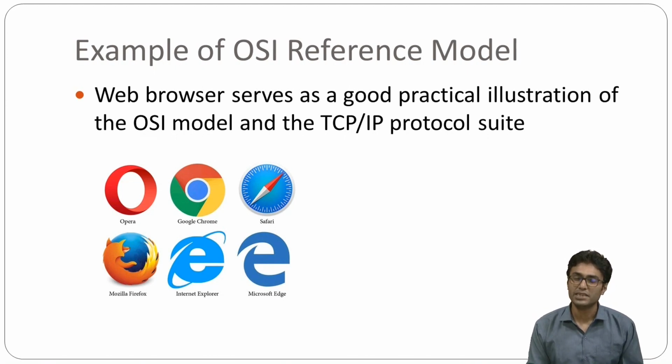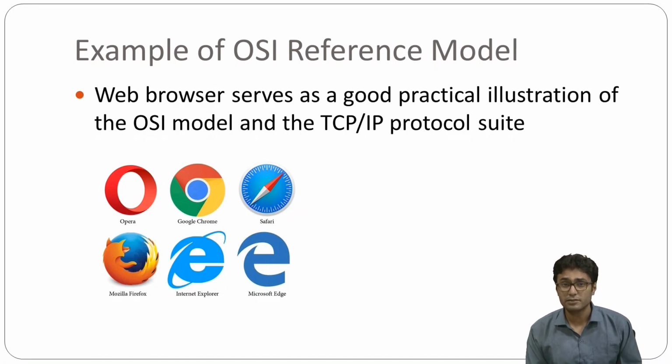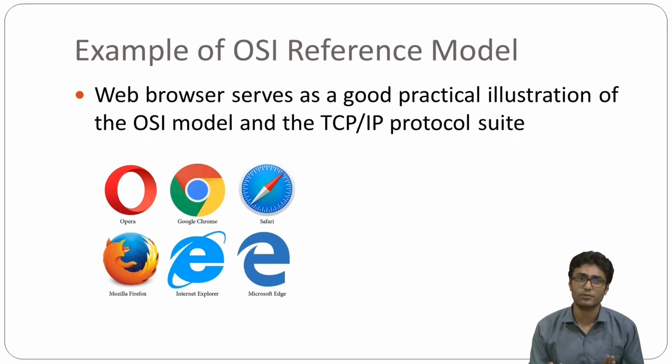Now the best path to route the data between the client and the web server is determined by IP, the IP address, a network layer protocol also. So IP is also responsible for assigning logical addresses on the client and the server and encapsulating segments into packets.